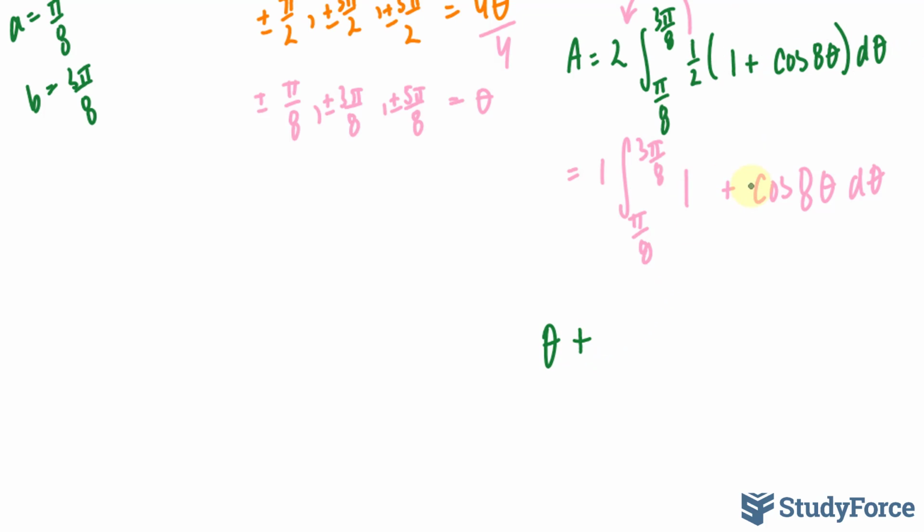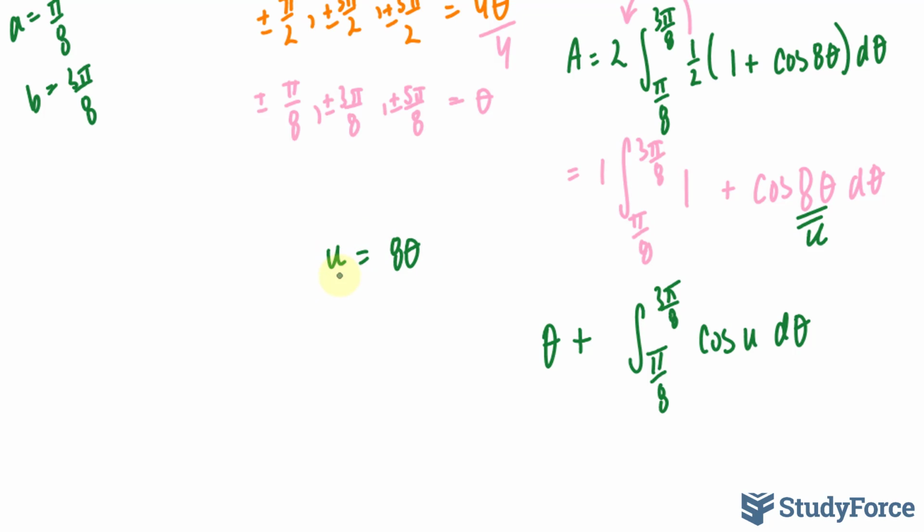Plus, now we have the integral of this expression. To do this, we'll set this equal to u. So now we have the integral of cosine u d theta, taking the derivative of 8 theta to make it in terms of u. We have du is equal to 8 d theta, and this now becomes du over 8.